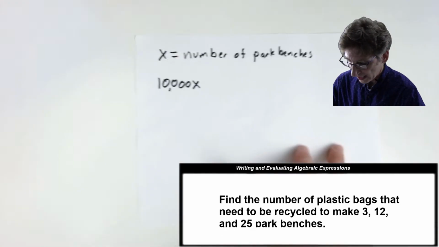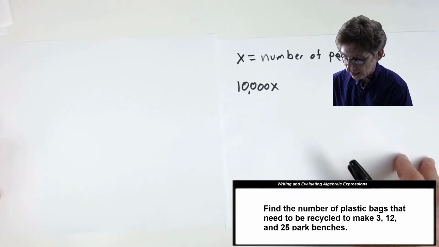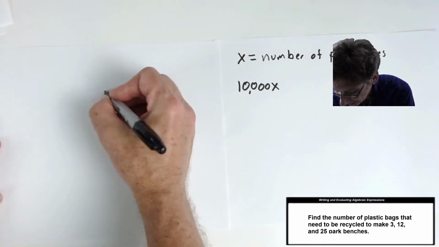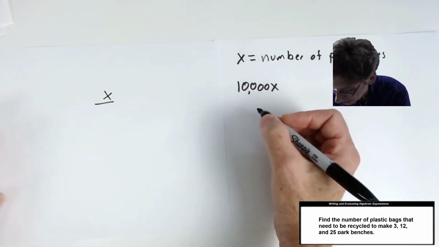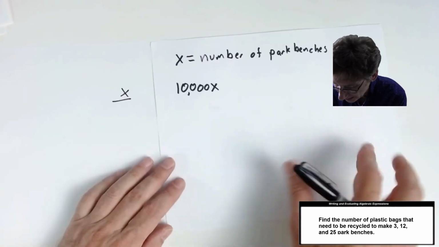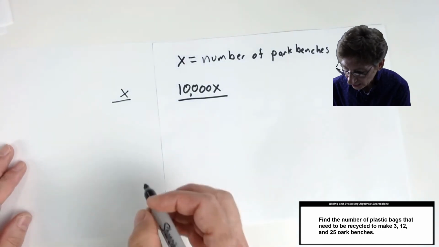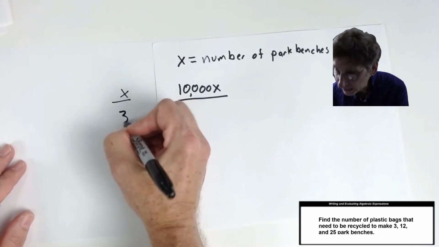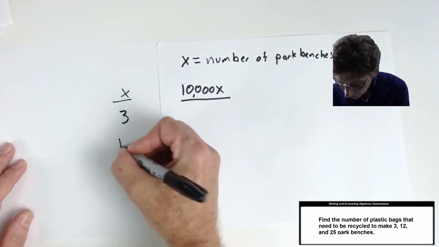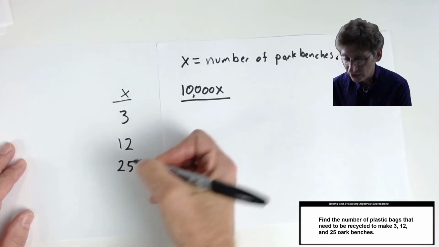We know that our algebraic expression we're going to be using is 10,000x, and we will have a column for our x values and a column for our 10,000x. So the different x values we're using, we're going to try 3 park benches, we're going to try 12 park benches, and 25 park benches.